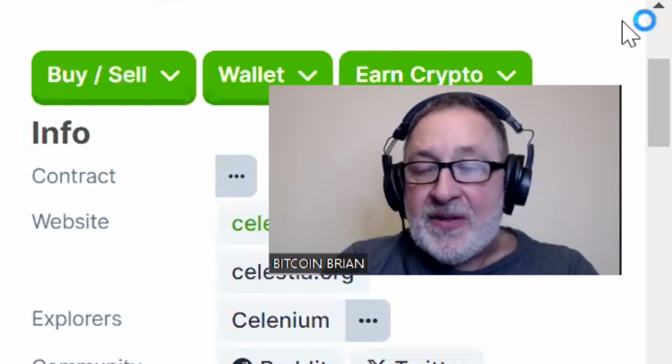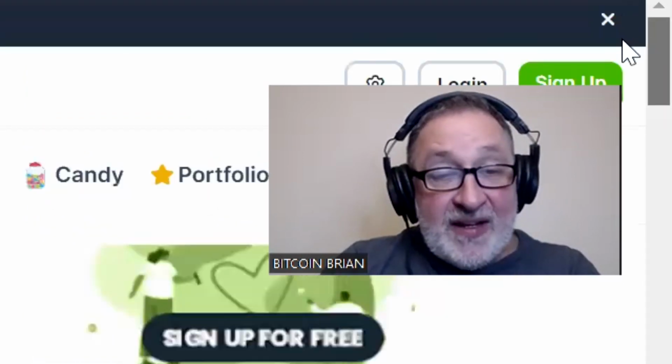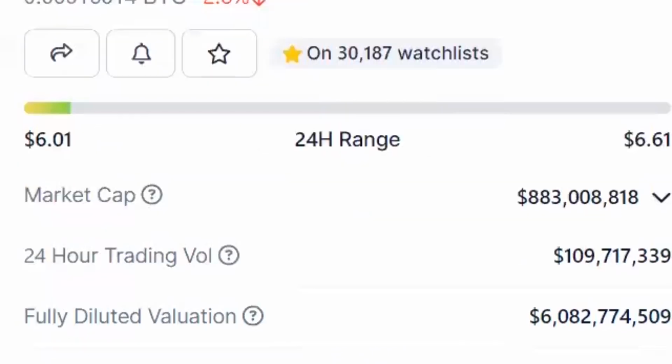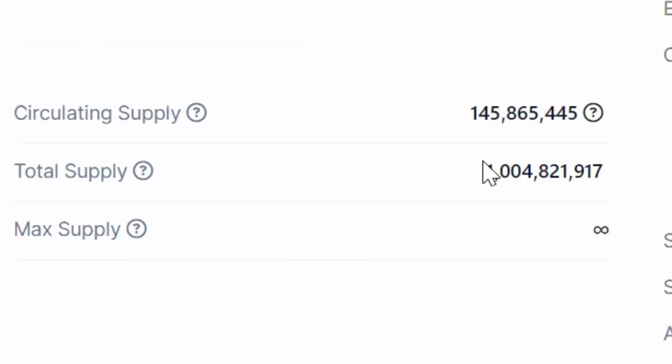So anyway, I went to CoinGecko, and mind you, again, less than a month ago, it's already ranked 60 in the market cap ranking. It already has almost $900 million market cap. It has a total supply of 1 billion coins. Currently, 145 million of them are in circulation.